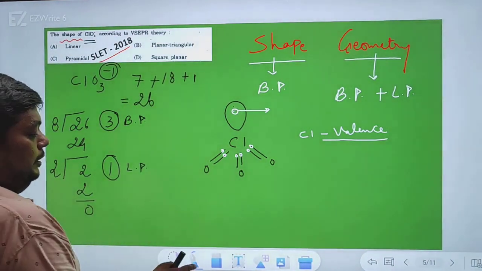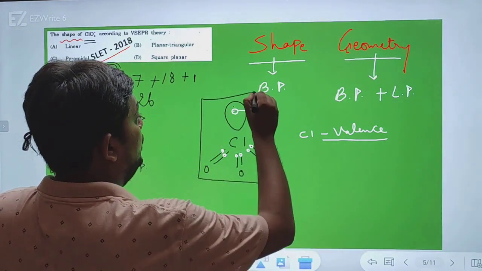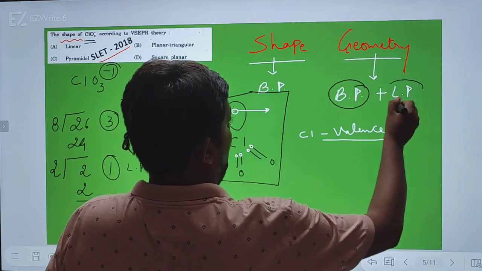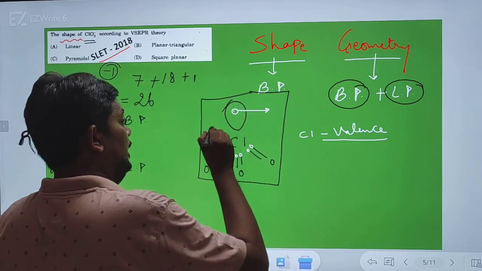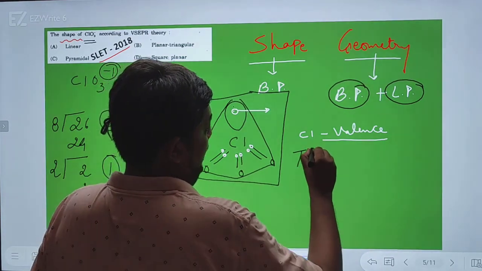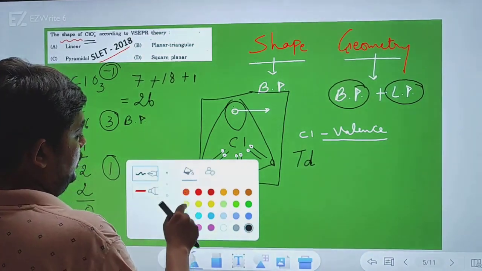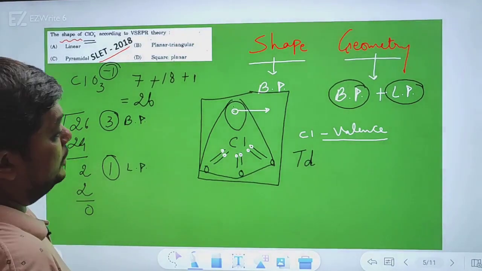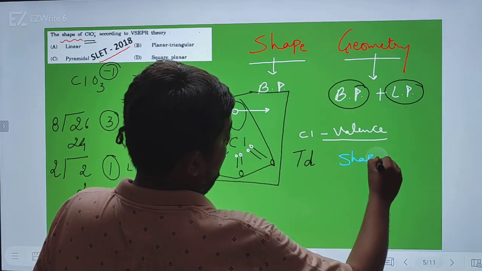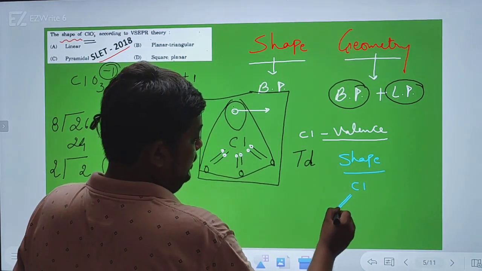So if I talk of the geometry over here, I'll always have to consider both bond pair and lone pair, and then I'll just end with a very simple concept of mind, that is tetrahedral. But if I am going to consider a shape out of it, no need to consider the lone pair, and if I do not consider the lone pair, the answer is very simple.